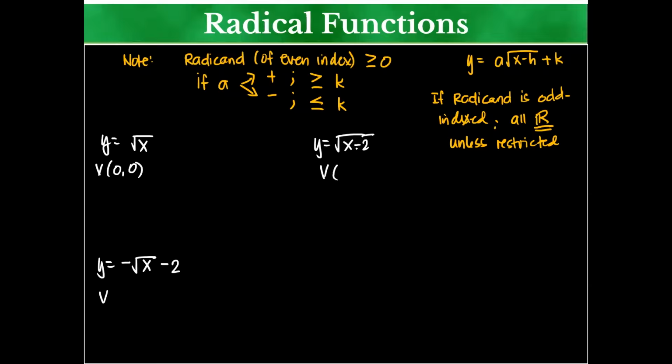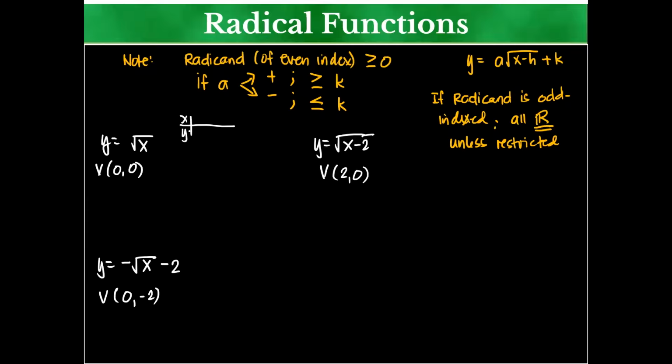In here, what will make the radicand 0? 2. What is the number outside? 0. Very good. So what I'm asking you basically is H, K. Here, H is 2, K is 0. Okay. So if I ask you to draw, what you do usually is this.